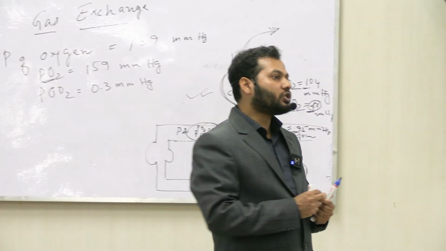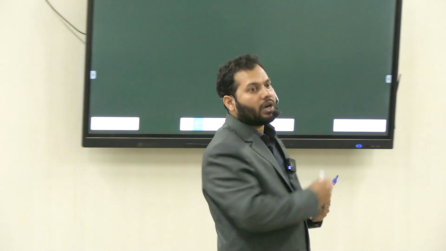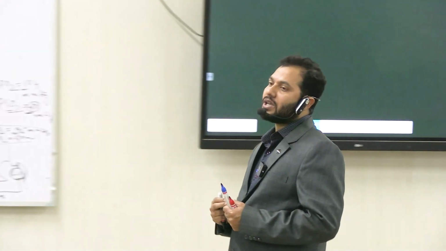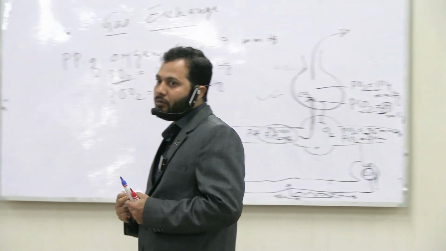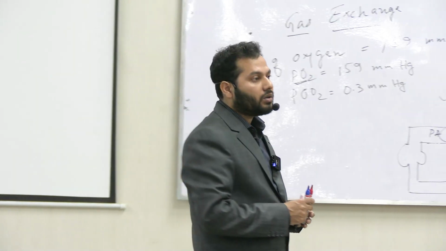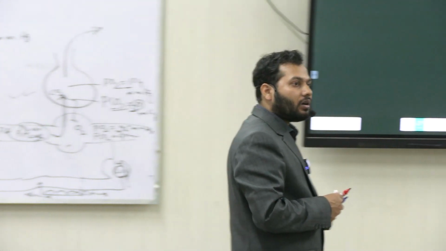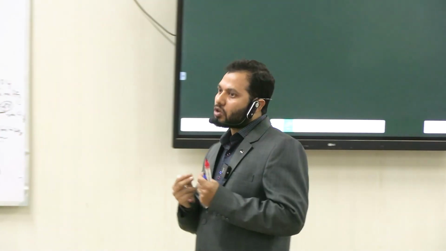Some of the oxygen molecules are transported in dissolved form, and most of the oxygen is transported by binding to the hemoglobin molecule. Now the question is, what is the exact mechanism of the binding of oxygen to the hemoglobin, and how does it influence the release of that oxygen to the tissue?